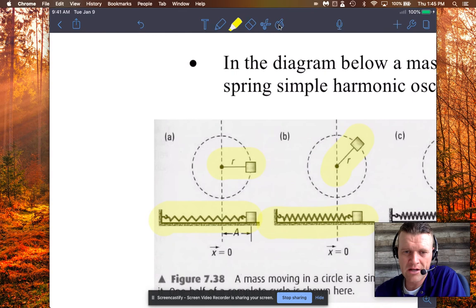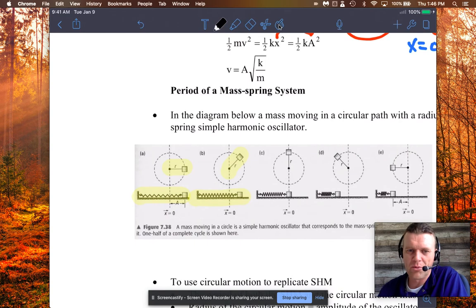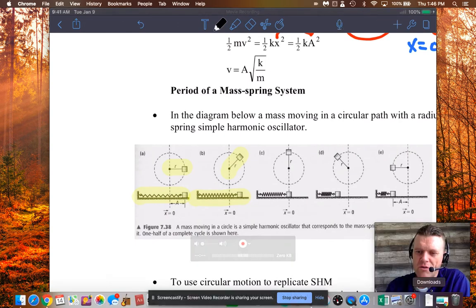Okay, so you see that? They line up perfectly. Now that's done on purpose because if you observe a mass that's moving in circular motion from a certain point of view, it will match the movement of a mass on a spring that's moving horizontally.